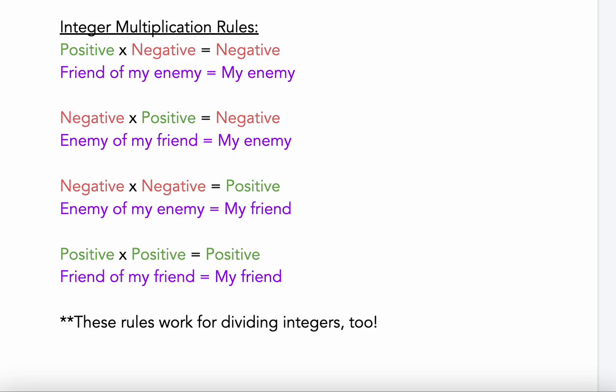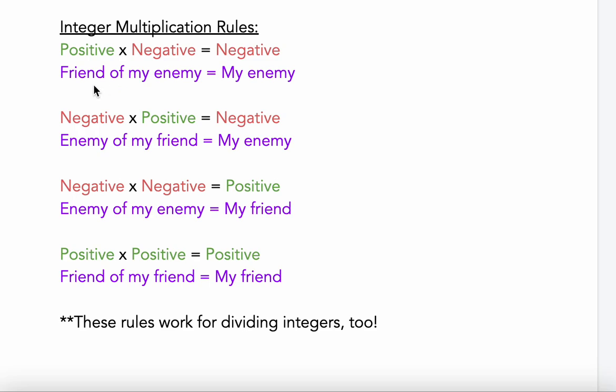All right, and if that wasn't enough, here's another way that some people like to remember the integer multiplication and division rules. So you know how positive times negative equals a negative, right? So some people like to think about positive as being your friend and negative as being your enemy.